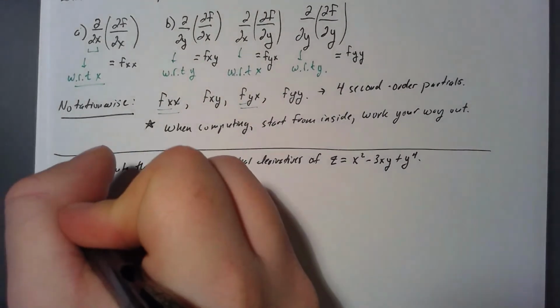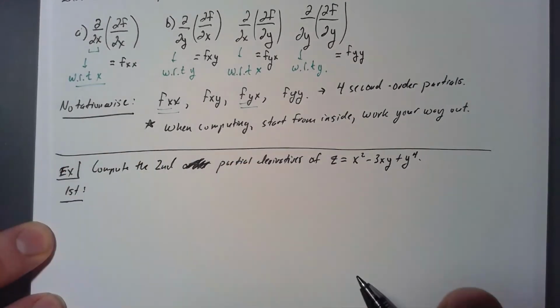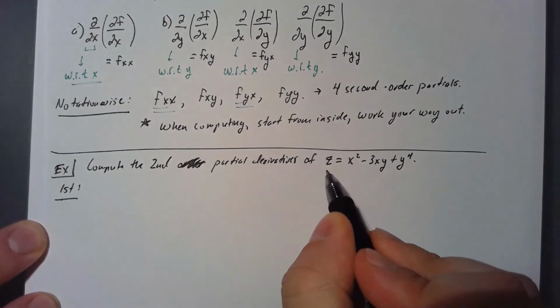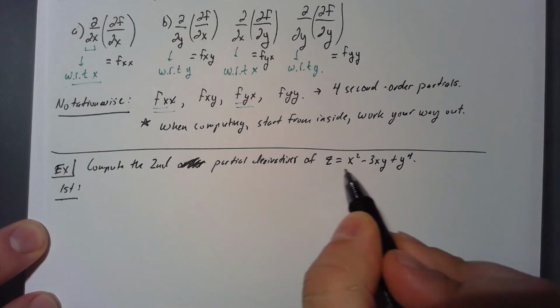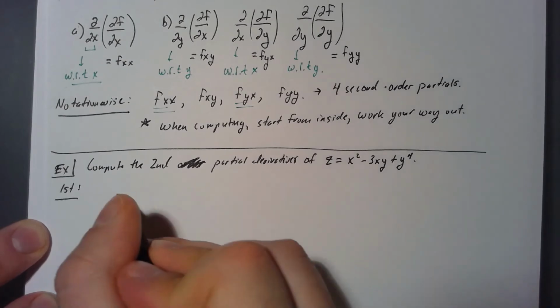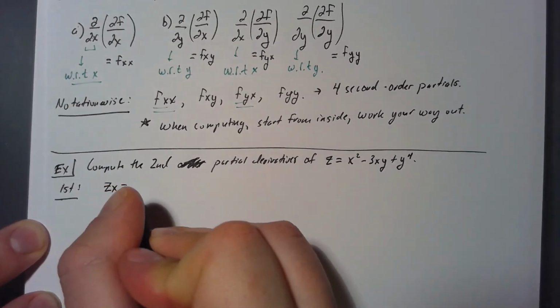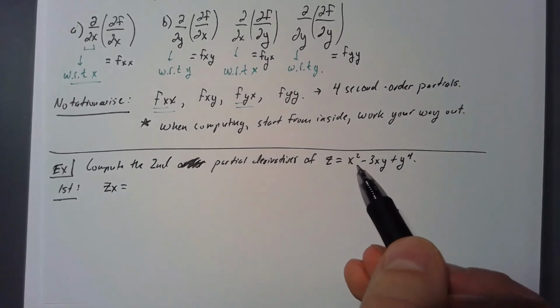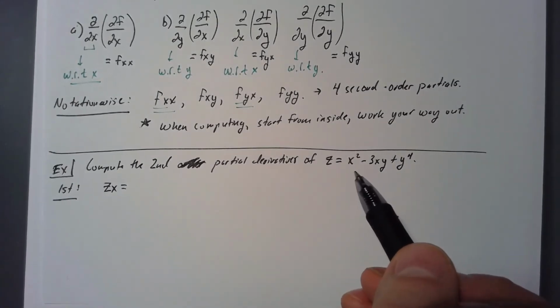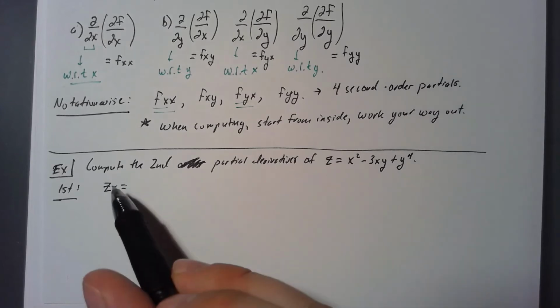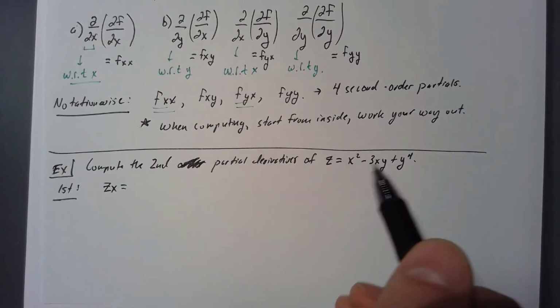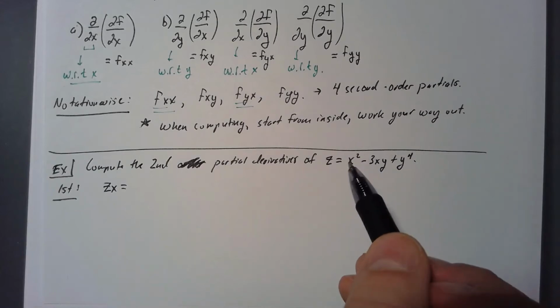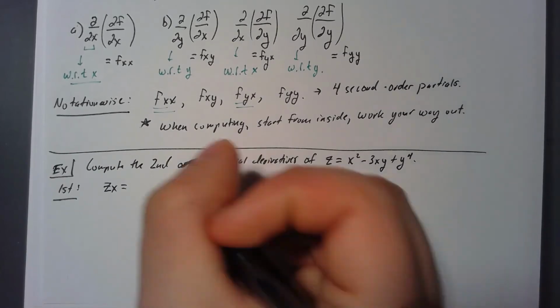So the first derivative, so that's the partial of z with respect to x and partial of z with respect to y. So what's the partial of z with respect to x? Well, you've got to get good at doing these things, just like you would with single variable calculus. So take the derivative with respect to x, every other variable remains constant. So the derivative of x squared is going to be 2x.